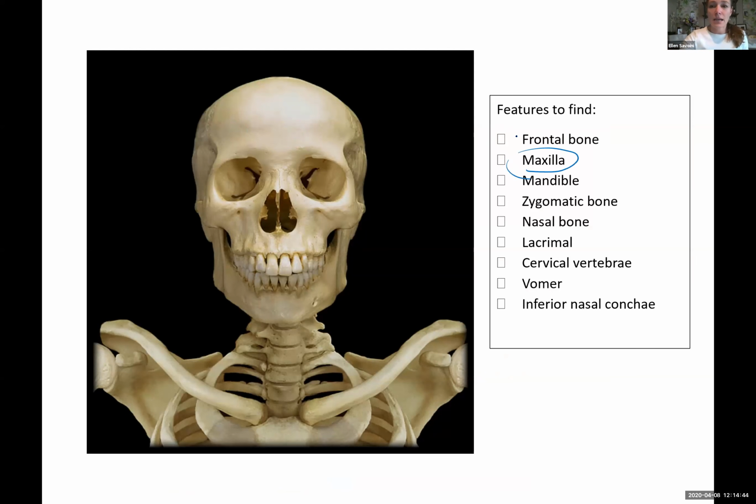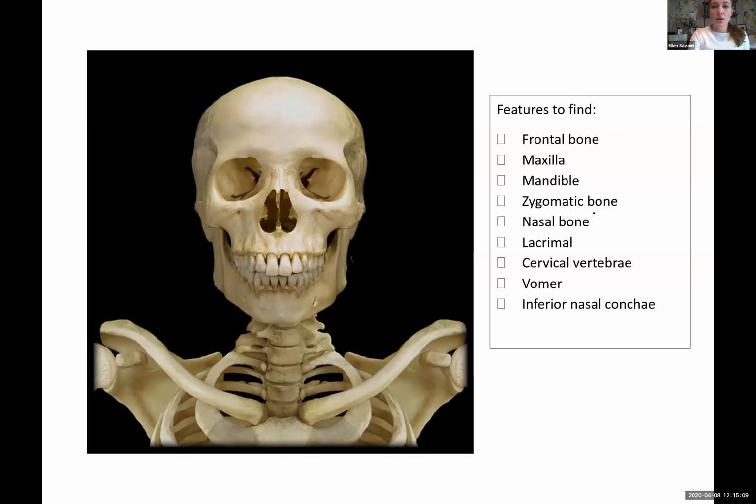For the maxilla, we've got this whole area here. That's our maxilla. Our mandible is just going to be our jawbone. It's our mandible.